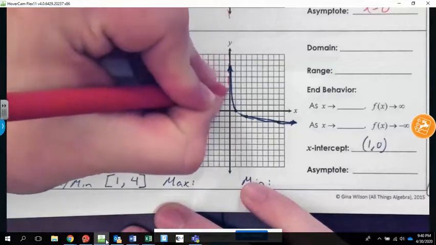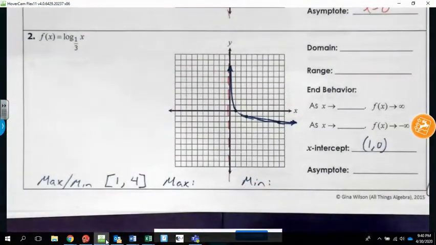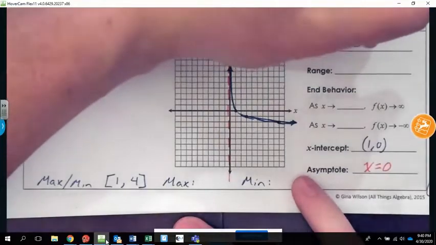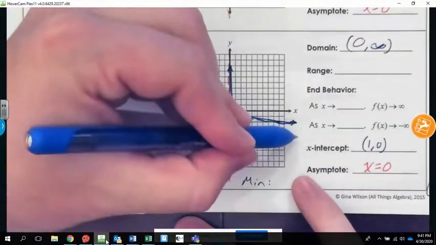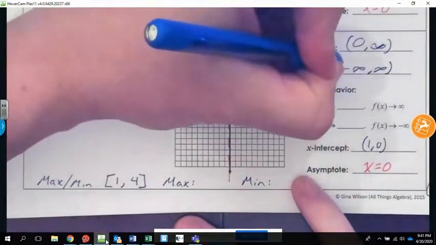The asymptote is at 0. We also found that out by looking at our table and saying x is 0 is undefined. So x equals 0 is the asymptote. Domain goes from 0 to infinity. The range goes from bottom to top, so that's negative infinity to positive infinity.